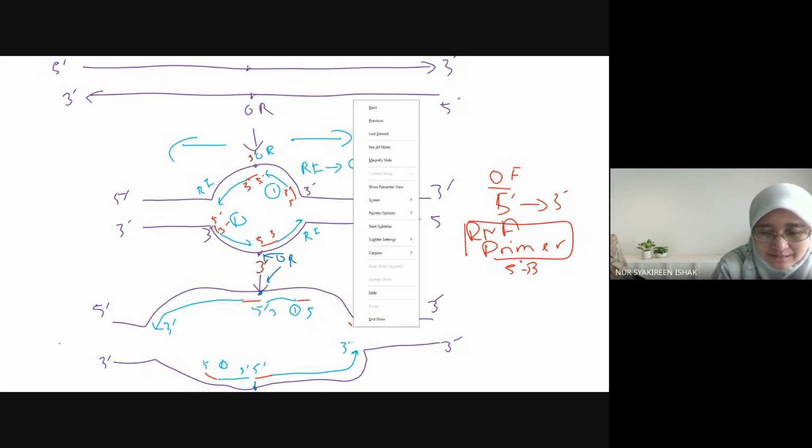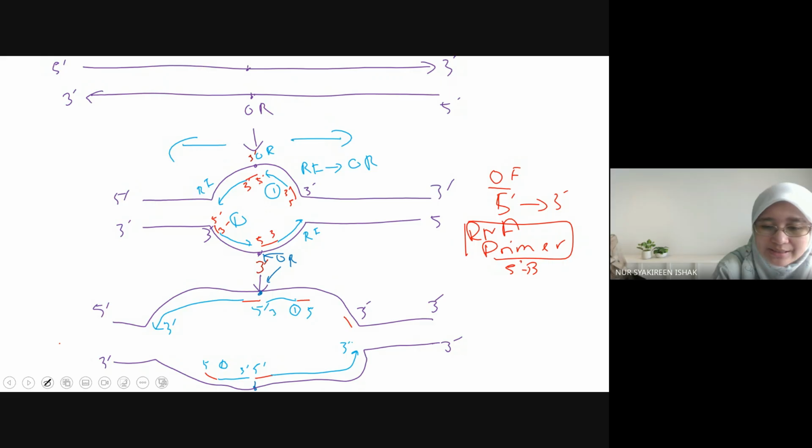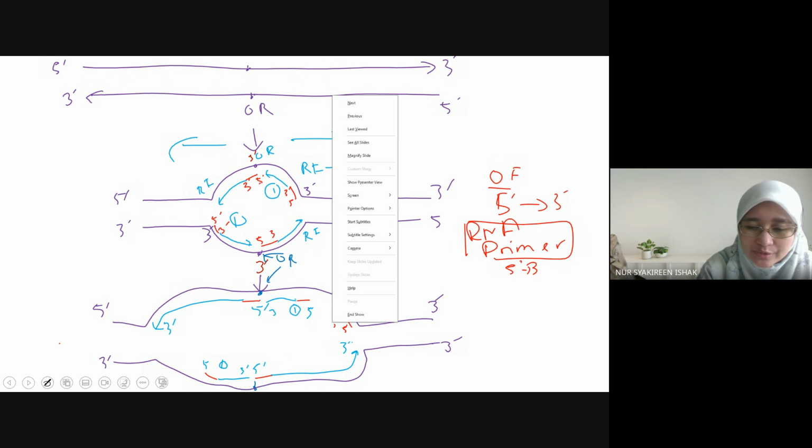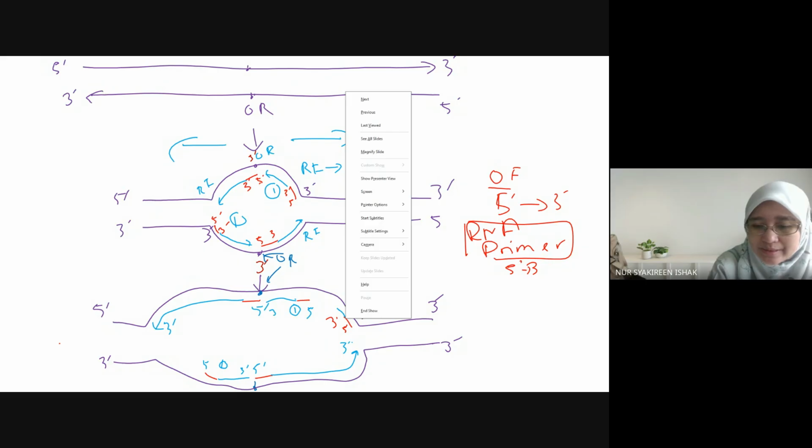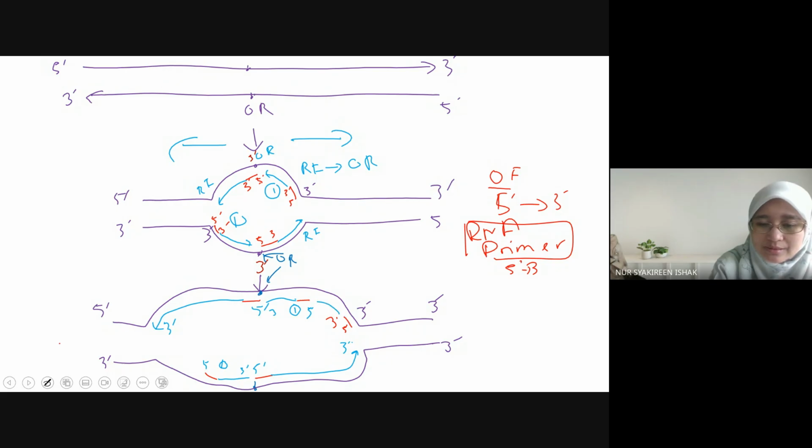So the synthesis for the RNA primer for the second Okazaki fragment can be synthesized. Saya repeat, this is the synthesis of the RNA primer for the second fragment. Then you produce a 3' end. Then only DNA polymerase 3 can come and add DNA nucleotide, synthesizing from where to where? From replication fork towards the origin of replication.